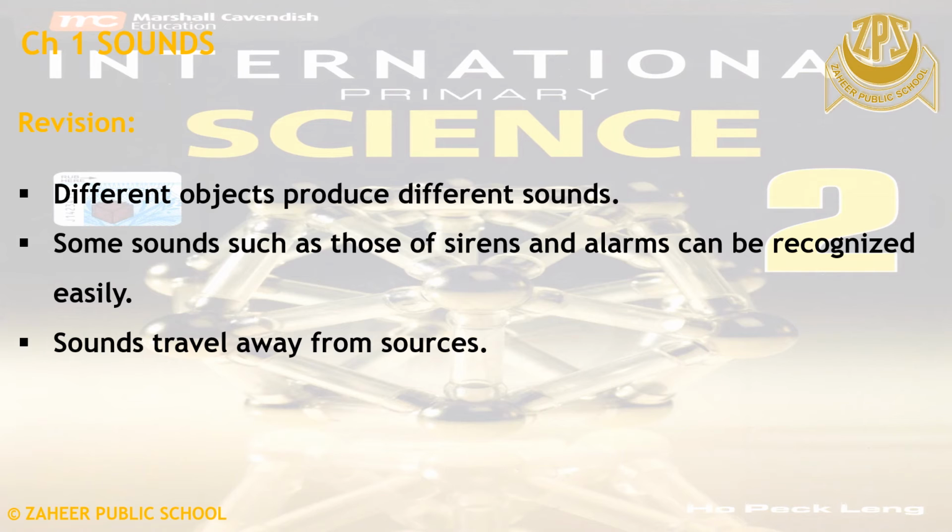The honking of cars and the ringing of bicycle bells warn us of danger, and the sirens of ambulances warn drivers to give way to the ambulances, and the ringing of mobile phones lets us know that someone wants to communicate with us. And the sounds also travel away from the source, and as they travel away, the sounds become softer.